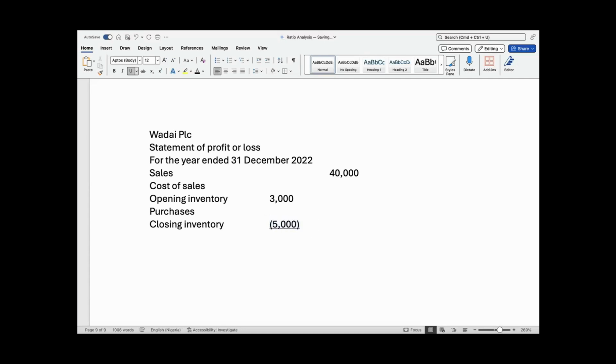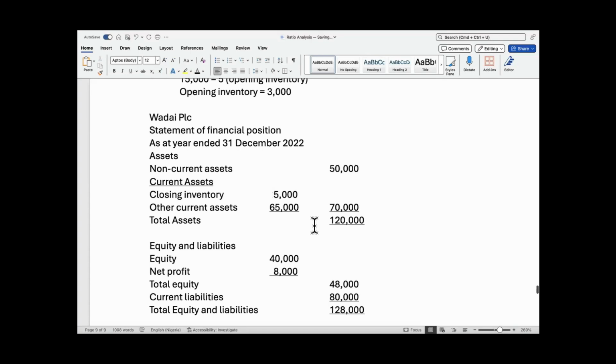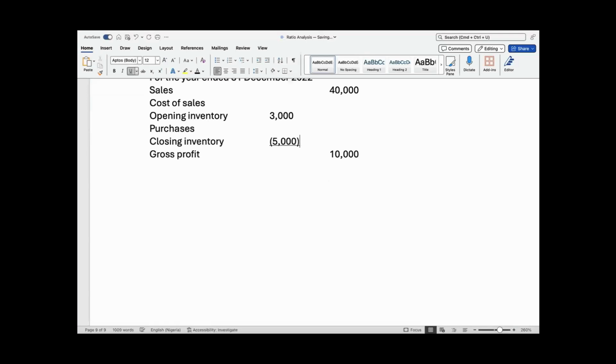So, and I know that from our workings, how much is our gross profit? 10,000, which means that ordinarily we would expect our cost of sales to be 30,000.